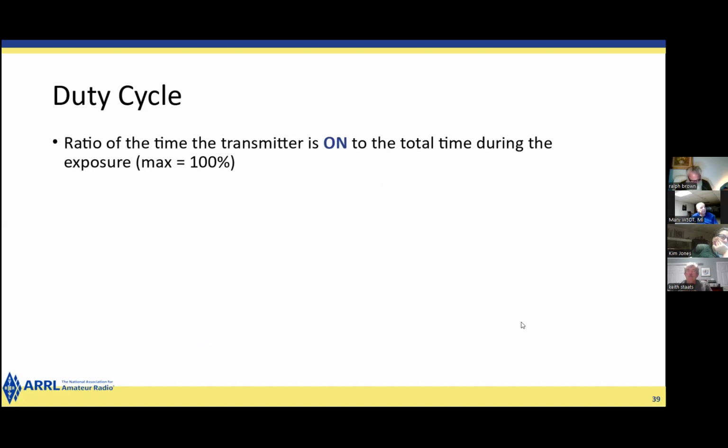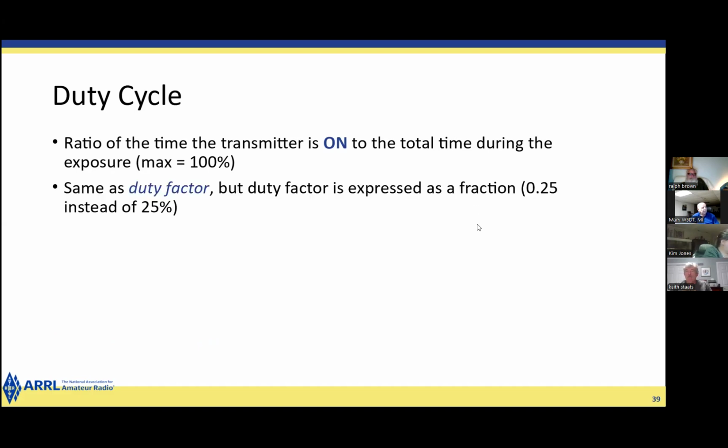The duty cycle is the ratio of the time the transmitter is on to the total time during the exposure. It's the same as the duty factor, but duty factor is expressed as a fraction, 0.25 instead of 25%.